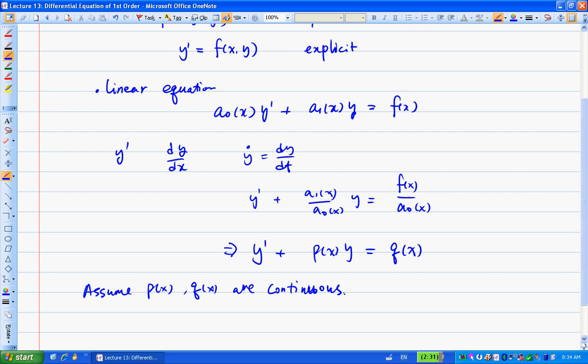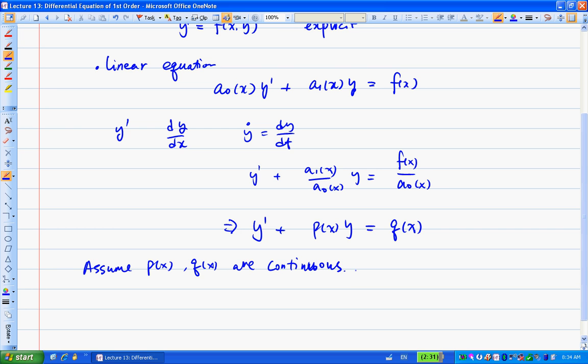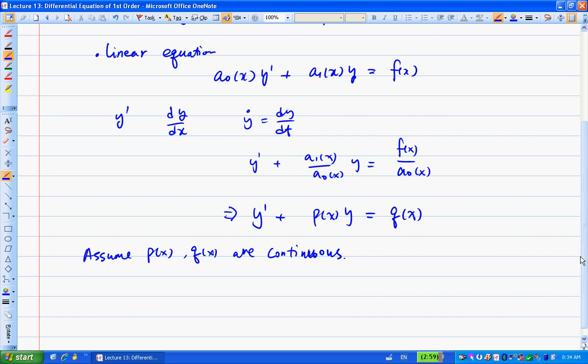If we're trying to solve this differential equation for x from a to b, or some such region, we assume these two functions are continuous over that region. So this is the linear equation that we're dealing with. They can be constants, or they can be functions.